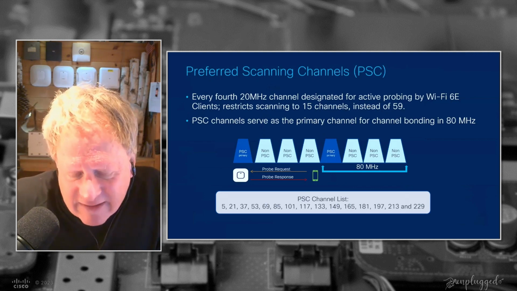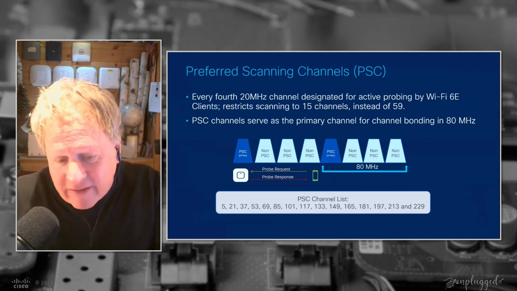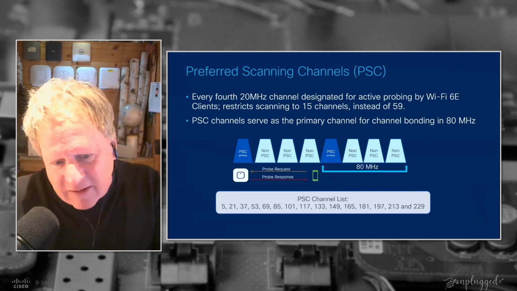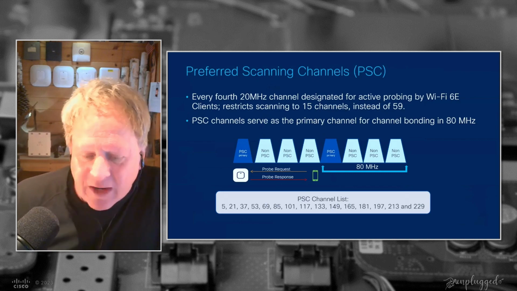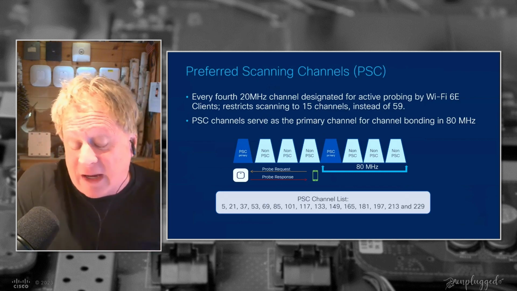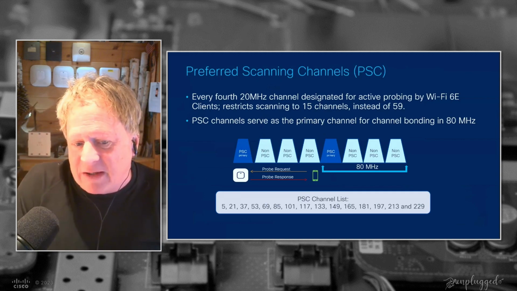A client may go out and send a probe request to that particular channel, but that channel may not respond because it's not the PSC channel. In that case, you would have to have a client that discovered that channel was available through another mechanism. It might be RNR. In a 6 gigahertz only environment, it might be FILS.